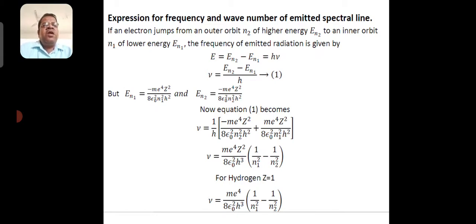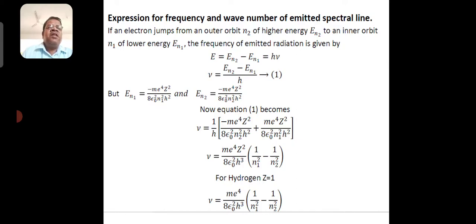If an electron jumps from an outer orbit n2 of higher energy En2 to an inner orbit n1 of lower energy En1, the frequency of emitted radiation is given by E equal to energy of the electron in the higher orbit En2 minus energy of the electron in the lower orbit En1.